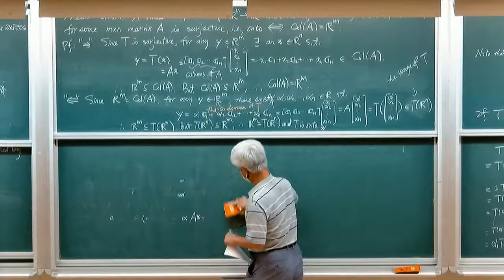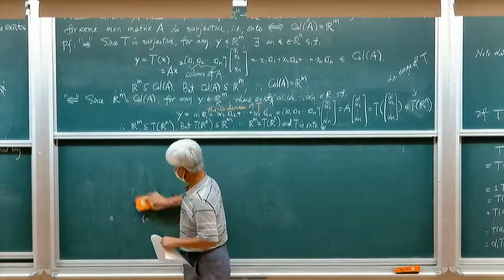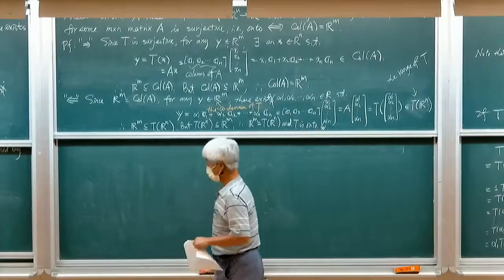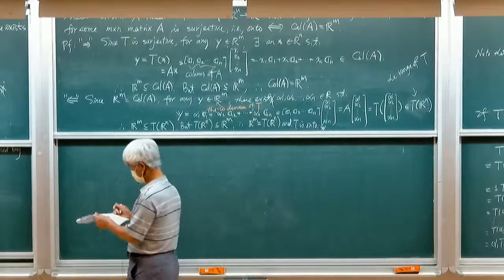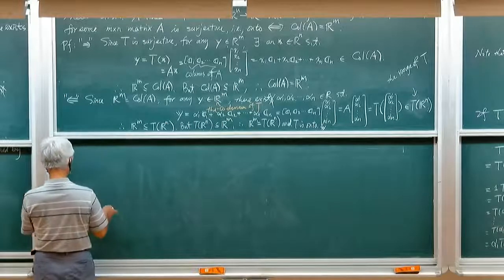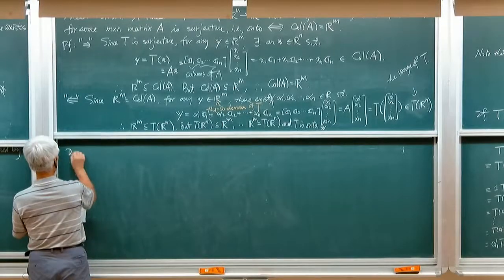Before we introduce a condition for a linear transformation to be one-to-one, we need a concept called the kernel of a linear transformation.